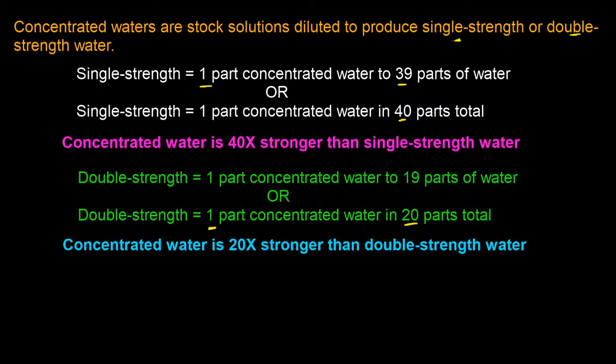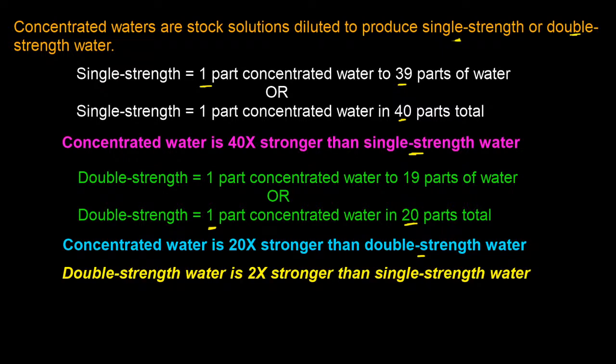The question that would normally come to mind is, what then is the relationship between a single strength and the double strength? That relationship is that your double strength water is 2 times stronger than your single strength.